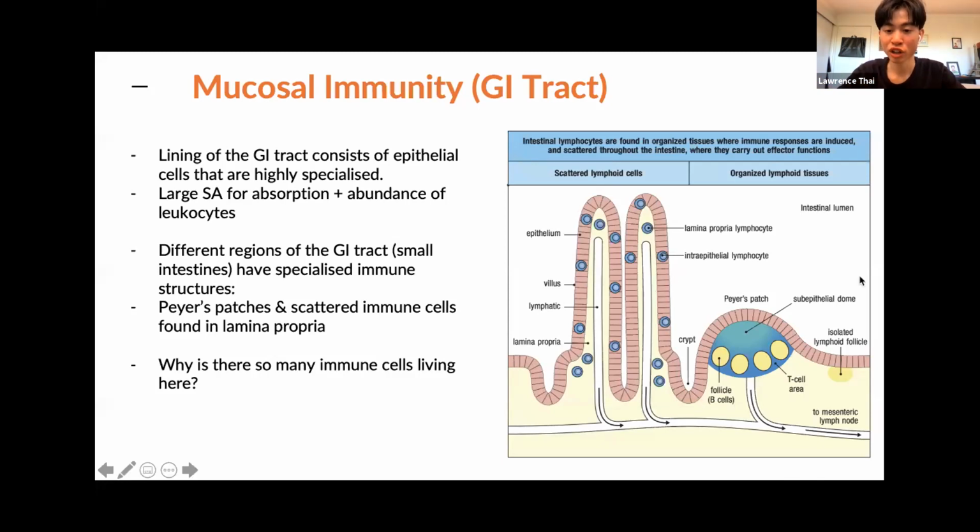So we need lots of immune cells nearby to protect these areas. And we've also got the normal gut microbiota, like what you might see when you drink your yogurt or whatever. Those bacteria might also have a chance to invade and infect you. So not only do we have harmful microbes, we also have our own healthy gut microbiota.